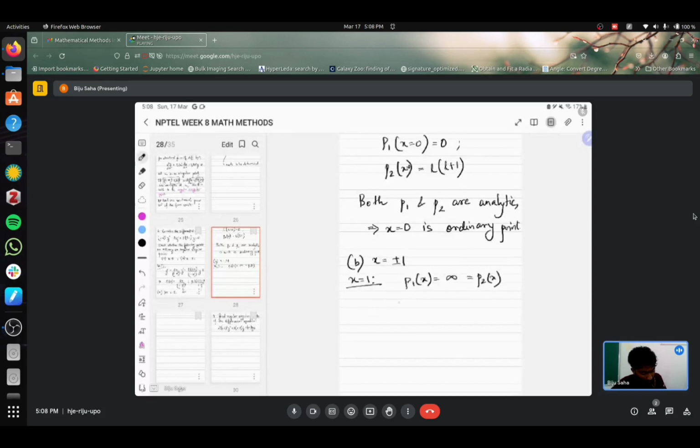So that concludes that x equal to 1 is a singular point. Similarly, x equal to minus 1 is also a singular point.